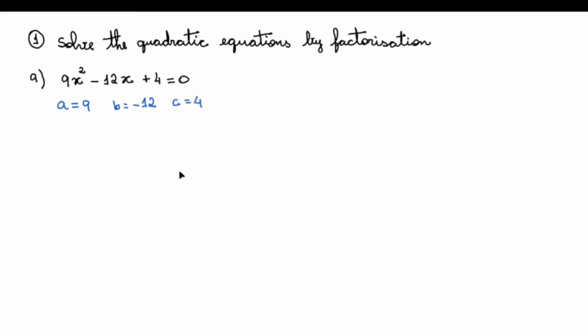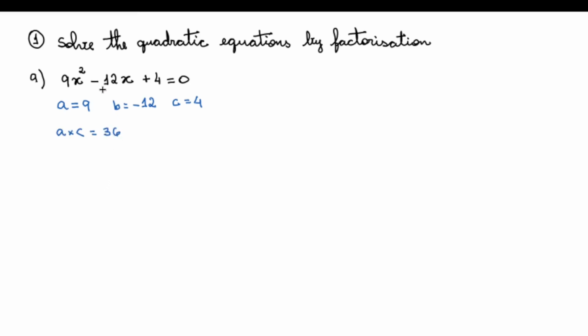When the coefficient a is different from 1, we have to split the middle coefficient into two terms such that the product of their coefficients is equal to the product of coefficient a times coefficient c. For our equation, the product of coefficients a and c equals 36.